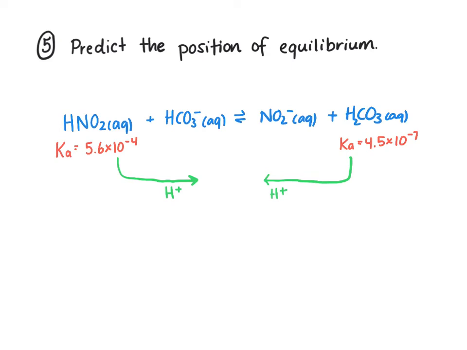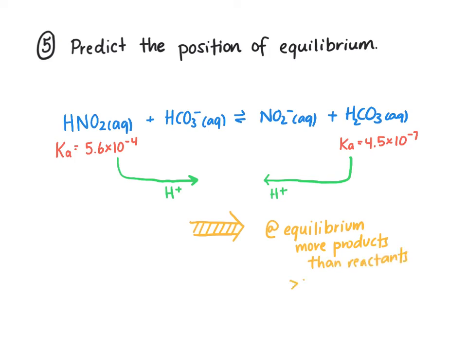In this case, the stronger acid is nitrous acid, and it's going to have a net effect of pushing the proton towards the products. What that means is that at equilibrium, there'll be more products than reactants, and this would be a product-favored equilibrium. So our reaction percentage is greater than 50%, and we can say product-favored.